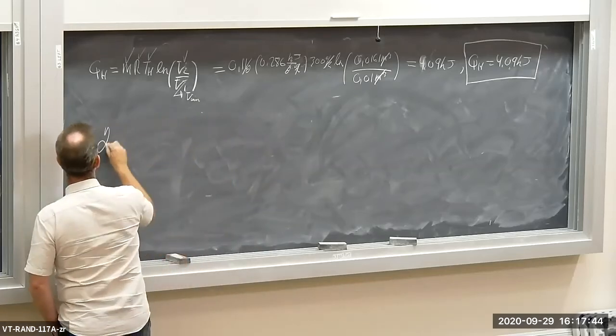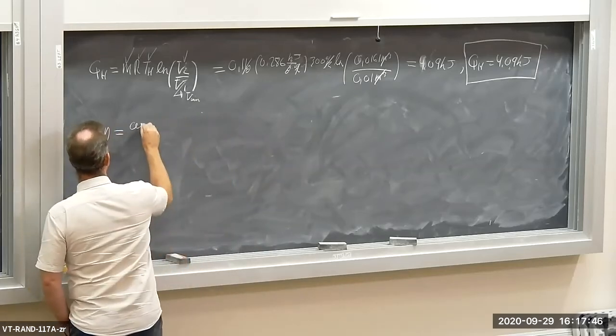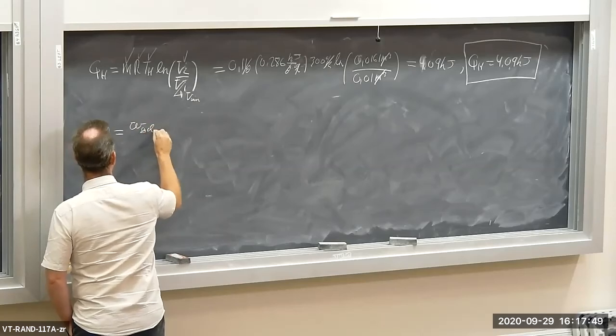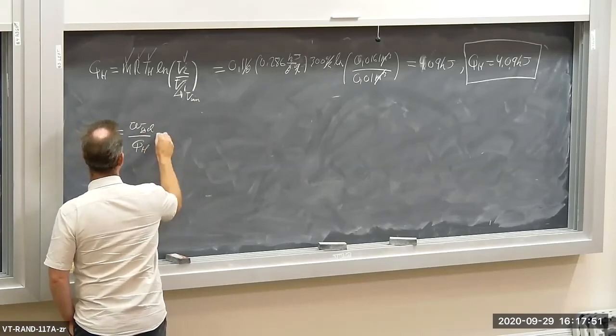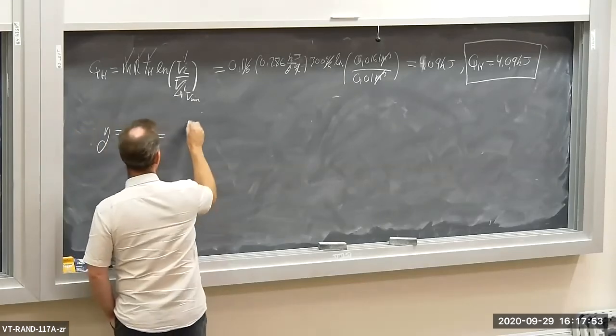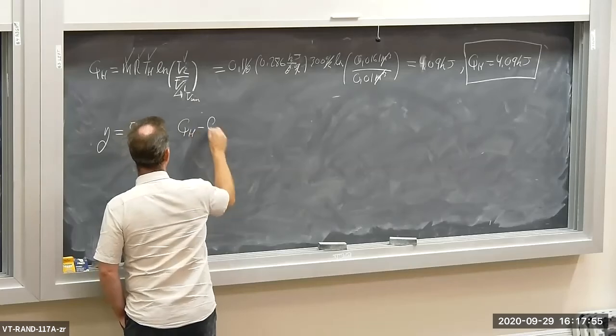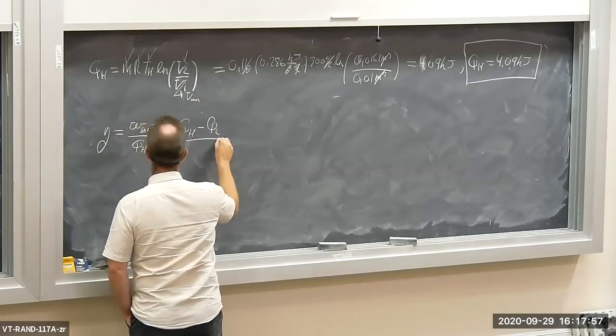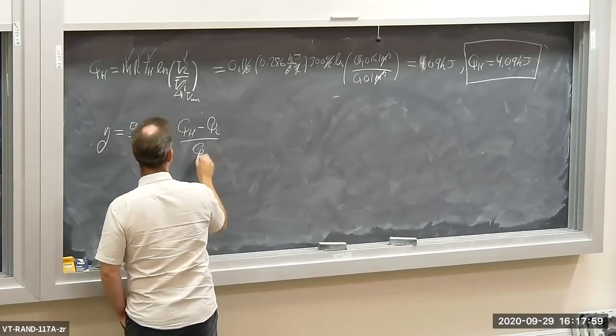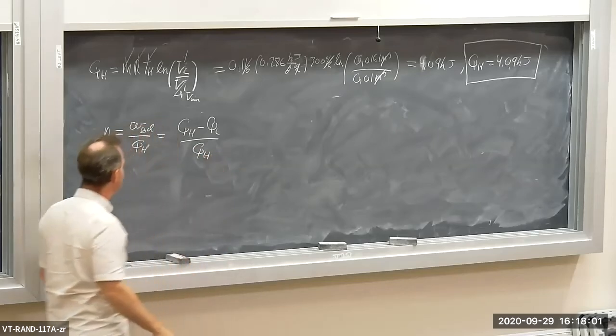Efficiency is equal to the cycle work divided by the heat input. The cycle work is equal to the heat received from the high temperature reservoir minus the heat rejected to the low temperature reservoir. And of course, that's all divided by Q high.